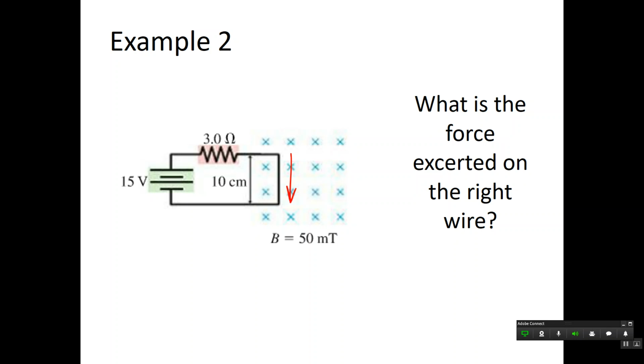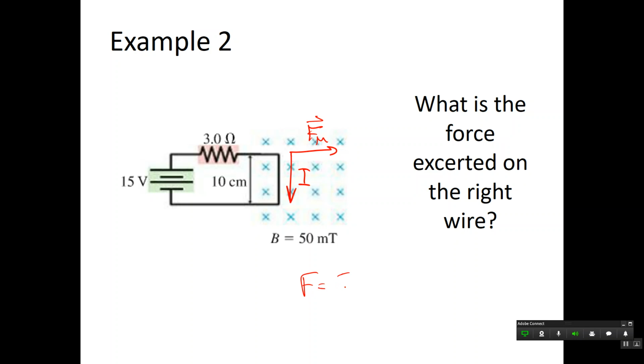If the current's going downwards, which way is the force going? To the right. Very good. So current is going down, force is going towards the right. And now we just have to solve it.